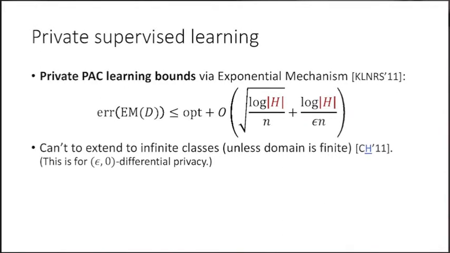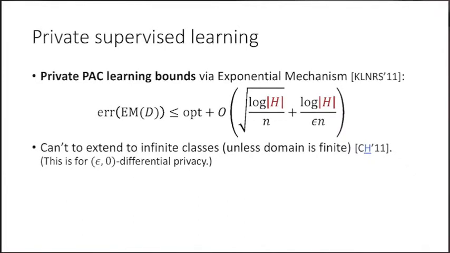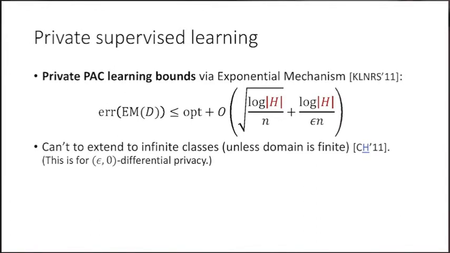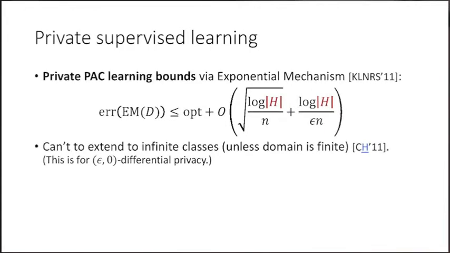So you have some part that's inherent to the problem itself, and then another term that's due to privacy constraints. And actually generalizing this beyond finite classes is rather difficult, at least if you care about continuous domains, for instance, if you have real-valued feature vectors.